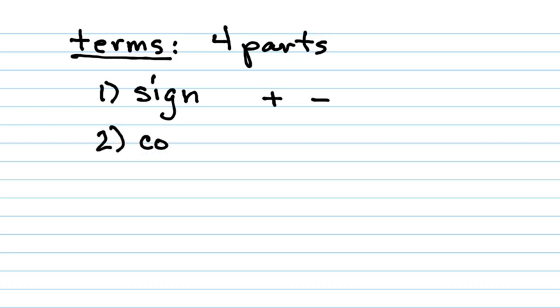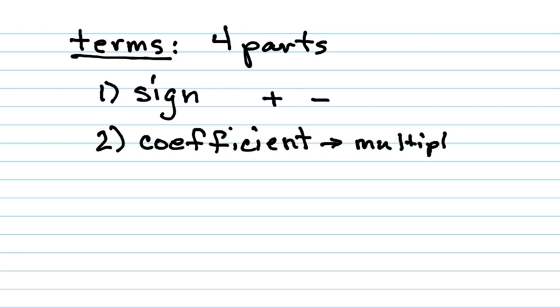The coefficient. Now be careful here, because the coefficient of the term is the number part, right? But in reality, the word coefficient means a multiplier. But the multiplier of a term is always the number, right?